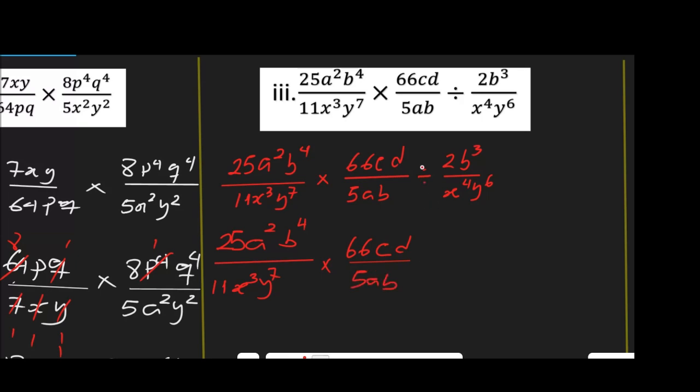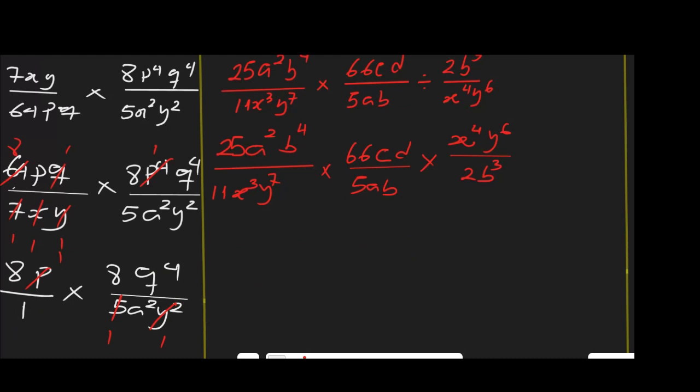So we have to change this division sign to multiplication, and then we find the reciprocal of the next fraction. So that's going to be x exponent 4 y exponent 6 divided by 2b cubed.